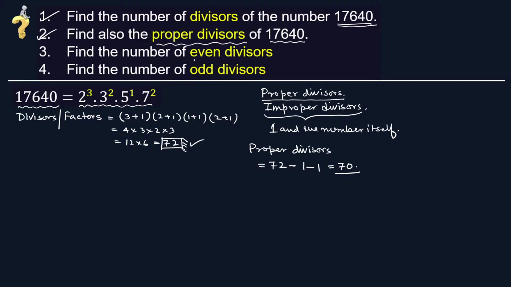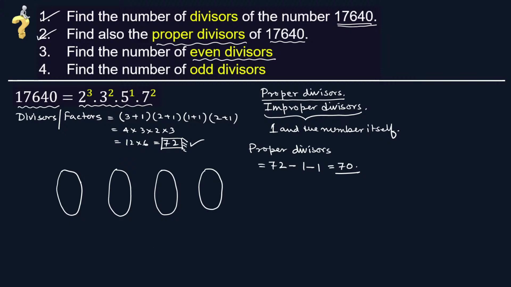Okay. See the next question. Find the number of even divisors. Very, very interesting. For this number, 17640. Now let me do one thing. Simply apply your common sense. Let me just draw 4 sets, because there are 4 primes for 17640.